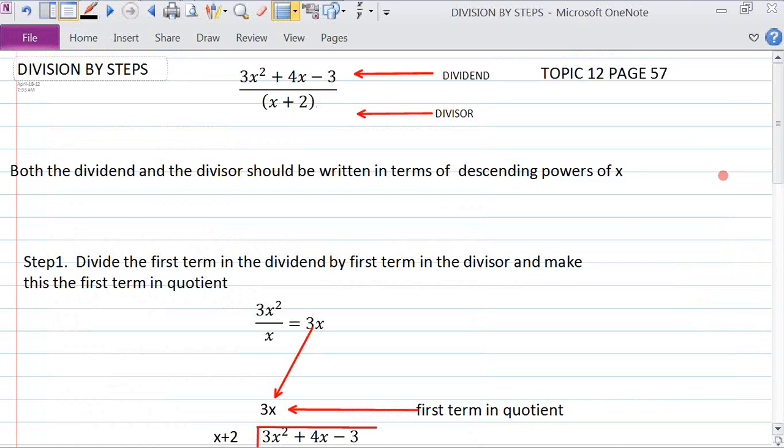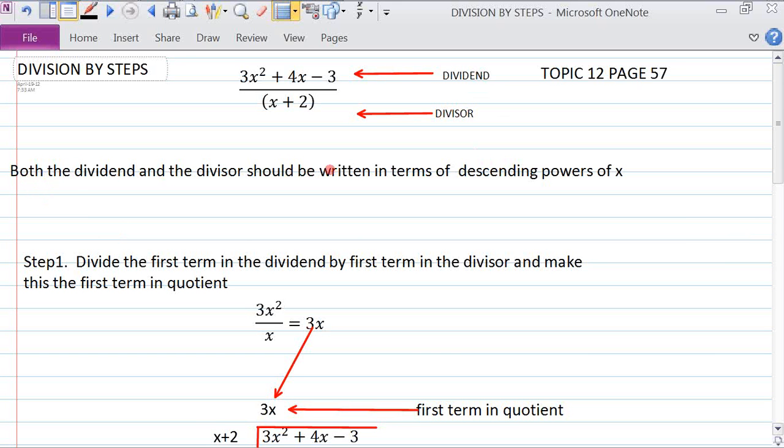So let's start here with this problem on page 57. As I said, we're repeating what's on page 57, except we're going to show it step by step in a little more detail. This is the dividend, and this is the divisor.